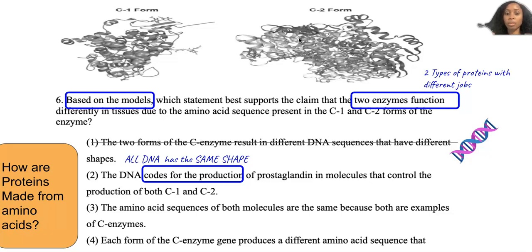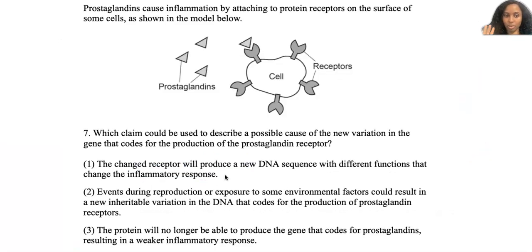Amino acids, when they come together, make proteins. And then these proteins have different shapes, and the different shapes cause the different functions. So based off of that, answer number 2 is wrong because DNA does not code for prostaglandins. DNA codes for RNA, which then codes for amino acids. So I'm crossing that out.